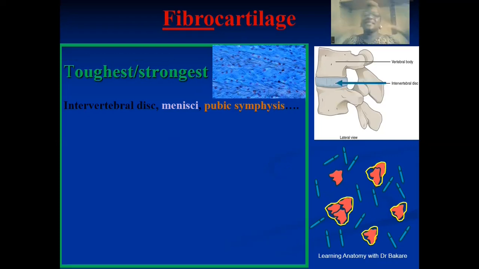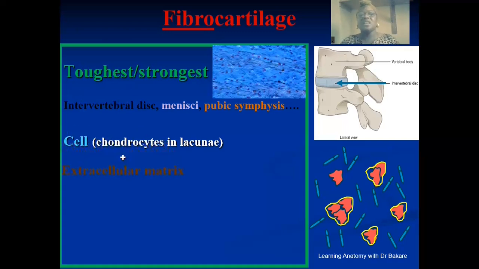So looking at the structural configuration of the fibrocartilage, we say that they are seen to have cells, basically chondrocytes, that are located within the lacunae, and we have the extracellular matrix. So what is distinct about the fibrocartilage is what this slide will be unfolding. For the cell, this is where we have the cell here, indicated at this point, and the cell is embedded within a space that is referred to as lacuna.